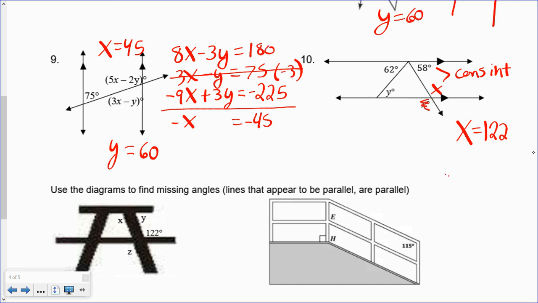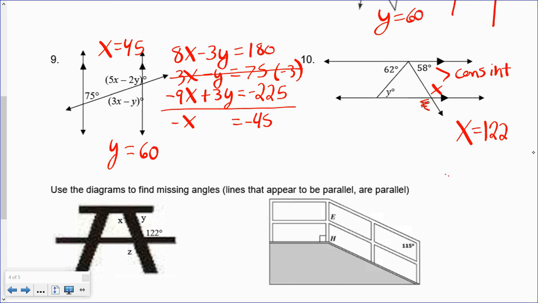Put X there and then we can put consecutive between 180. It's consecutive with the 58. So 180 minus 58 should be 122.